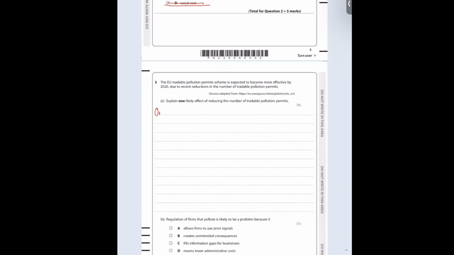Well, one effect is going to be a higher price for each permit.